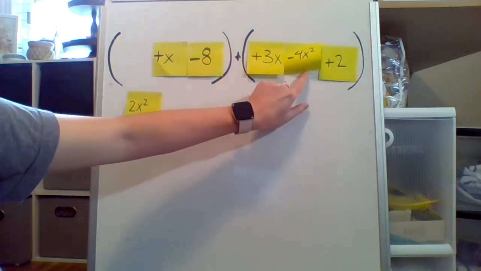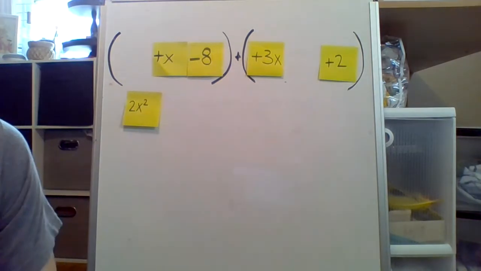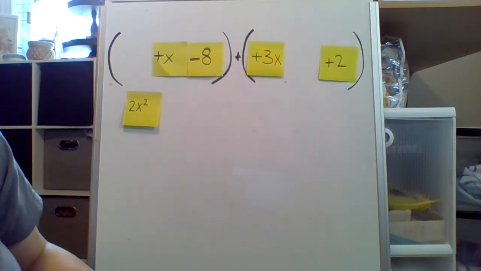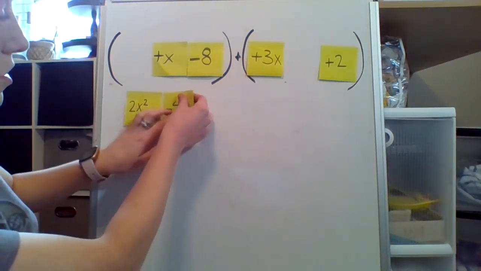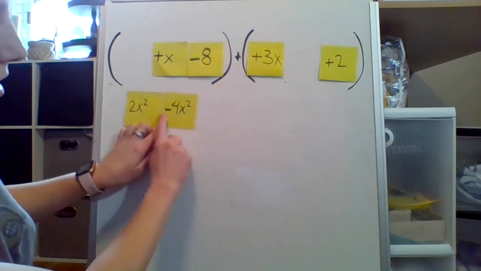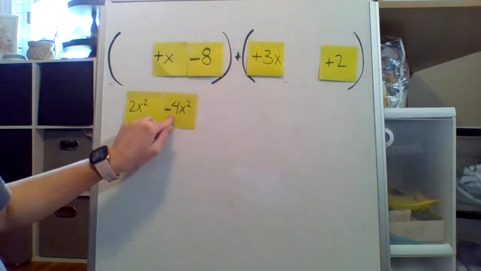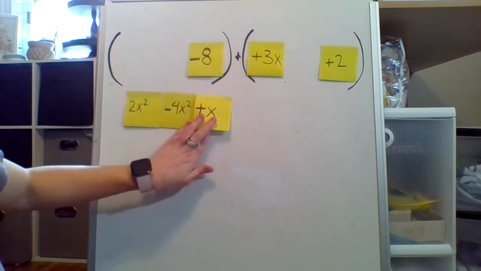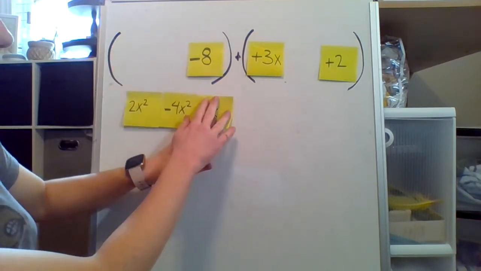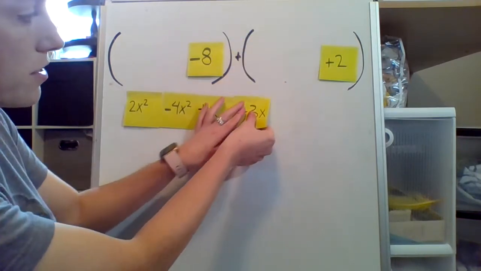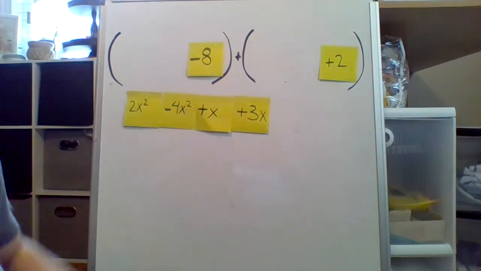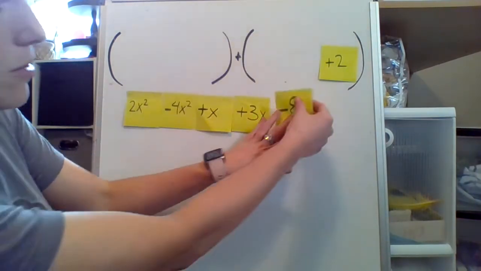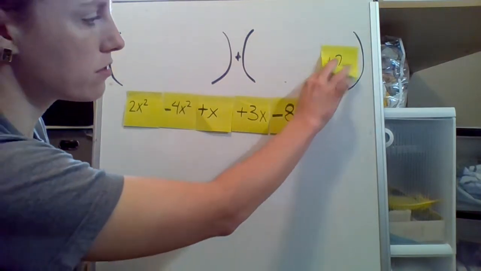My like term will be 4x squared, because those both have the same variable and the same power. So 2x squared, and that minus sign stays with that term, minus 4x squared. Next, I'm going to look at my variables with the power of 1, plus x, plus 3x. Next, I'll look at my numbers without a variable.